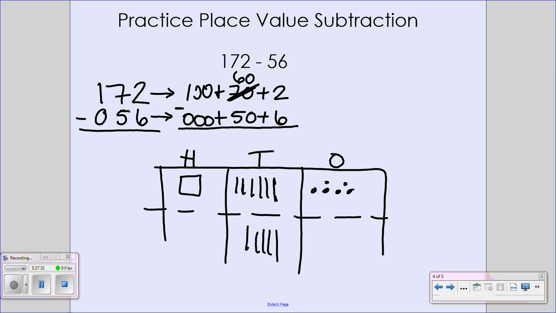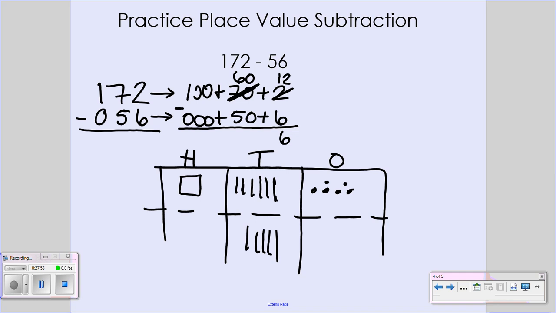What about my 2? Is it still a 2? No. What is it now? It's a 12. So your equation should look like my equation now. Can I do 12 ones minus 6 ones easy peasy? Yes. That gives us 6. See how I did that?